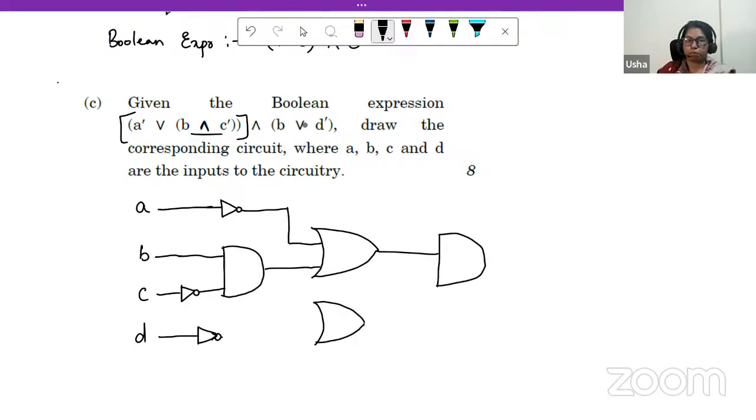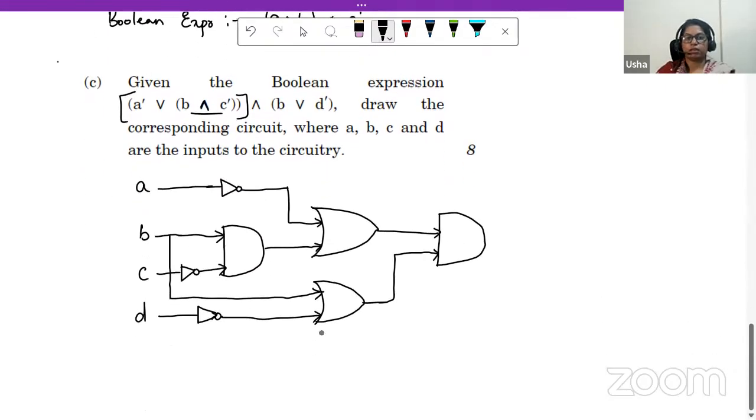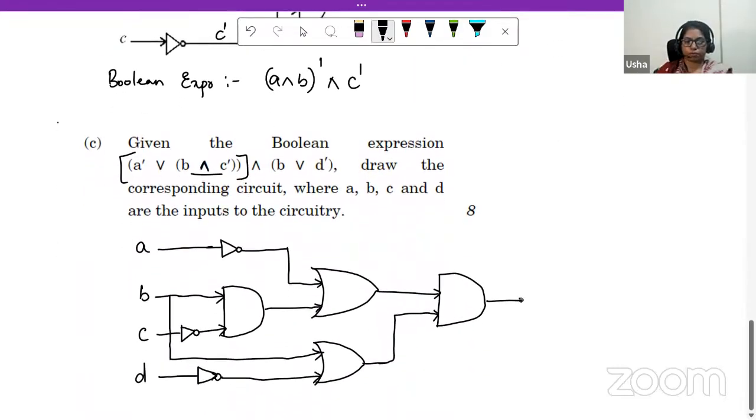For this the inputs are B and D'. So D' is this input and B. So write a line from B, and this is B or D', and this input also goes to this one. Okay. This is your circuit. Is this clear? This is your output.